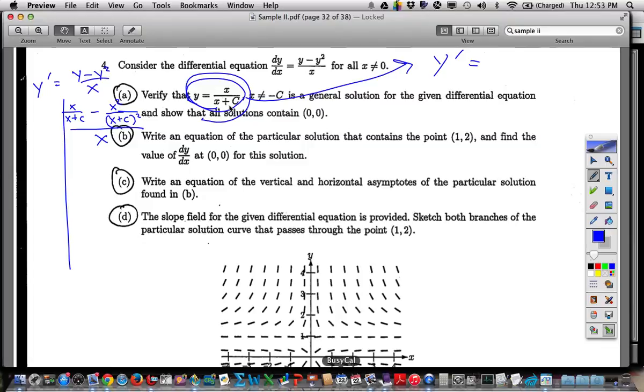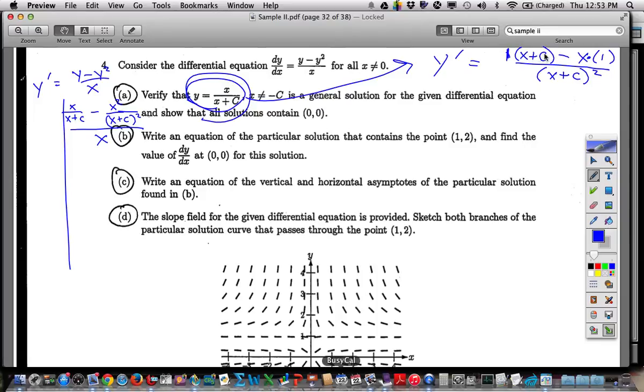So the quotient rule says derivative of the top, which is 1, times the bottom left alone, which is x plus c, minus the top left alone, which is x, times the derivative of the bottom, which is 1, all over the bottom squared. So that's my y prime. Now let me simplify that here a little bit.